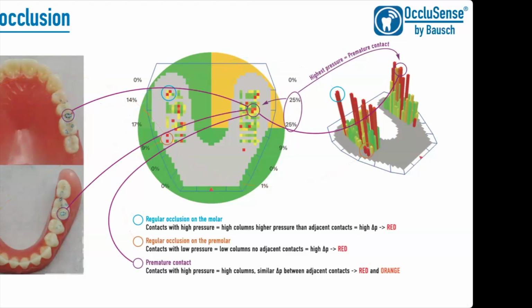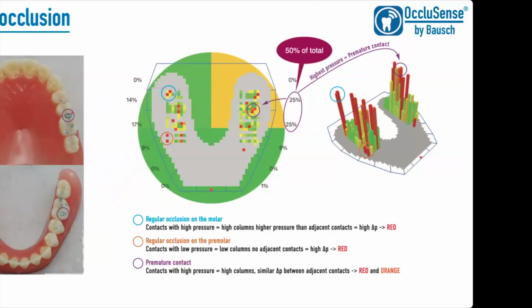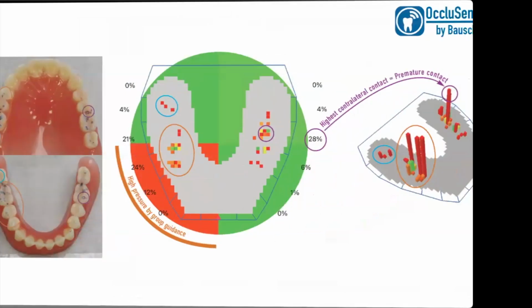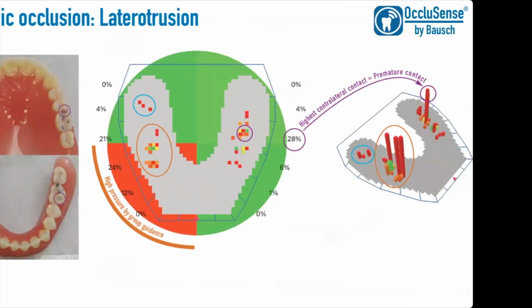So if I then take a look onto the clinical image on the left-hand side, I can see that I have a contact on the buccal surface of tooth 36, which has nothing to do there. So I now know this is a premature contact. This is the reason why I have such a high pressure load in this area, and fine adjustments can then lead to a more balanced occlusion.